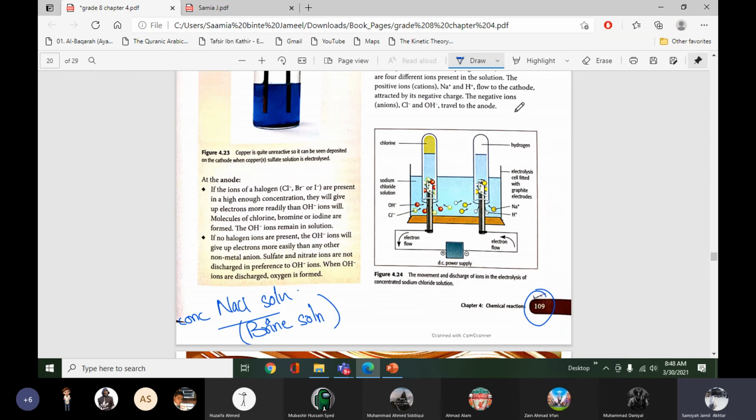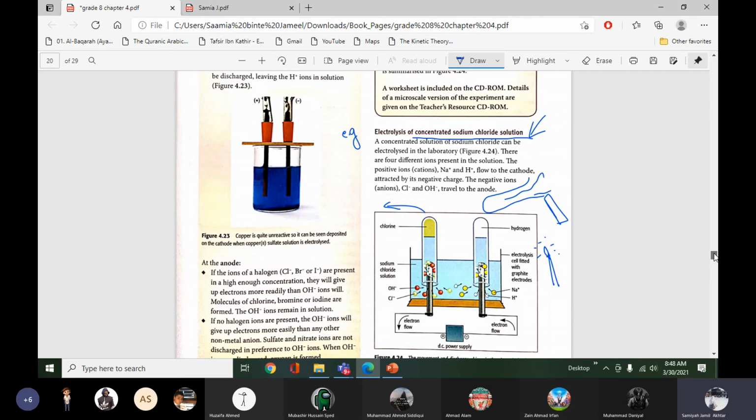Then the test tube can be taken out and the gases tested. They will bring damp litmus paper near the chlorine, and for hydrogen gas they will bring a lit splint near it, so it will pop. That's how we do the electrolysis of brine solution, and this one is very important.